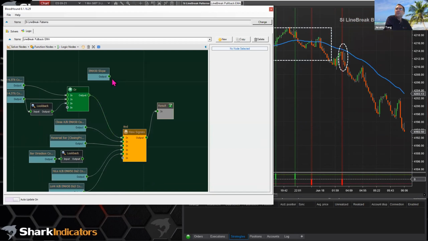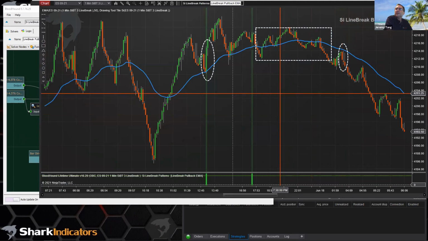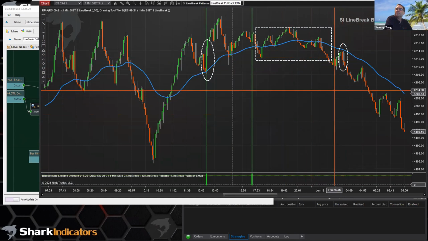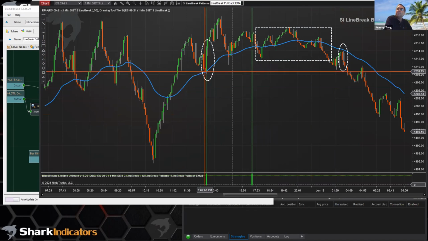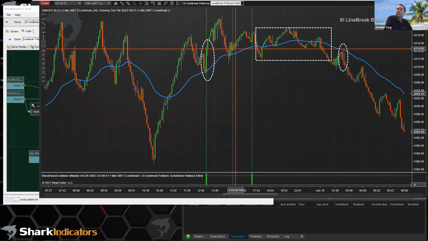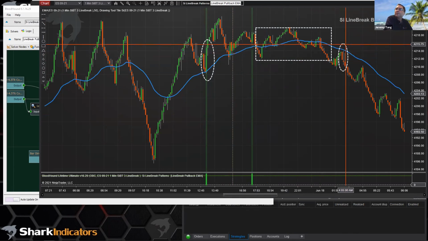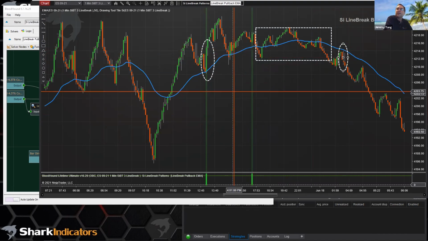And now if I connect in my slope solver, there, we can see a whole bunch of signals just disappeared. And only the ones where that moving average is fairly steep are kept. So we did actually lose a pretty good signal here that I circled, right? I put the circle around that good one.